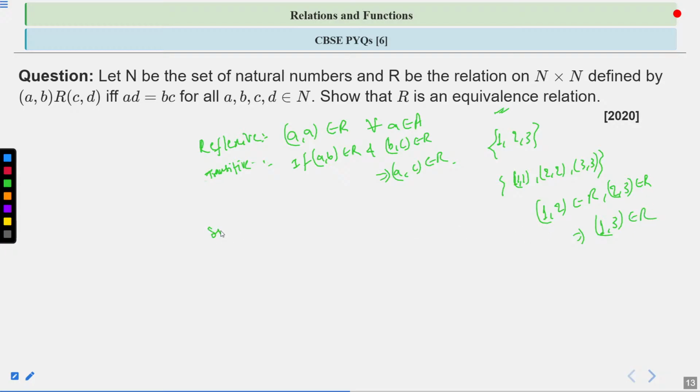Now for symmetric, what is the condition? If (a, b) belongs to R, this implies (b, a) must belong to R. That is, if (1, 2) belongs to R, this implies (2, 1) must belong to R. So these are the basic conditions for the relation to become an equivalence relation. All three conditions must be satisfied.